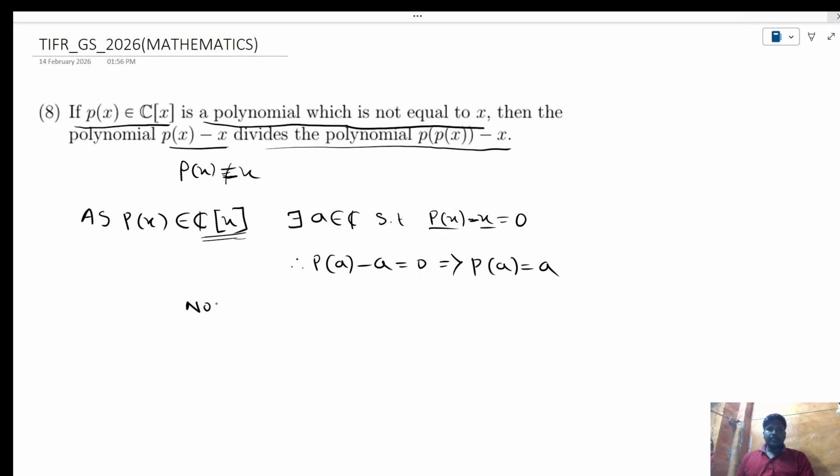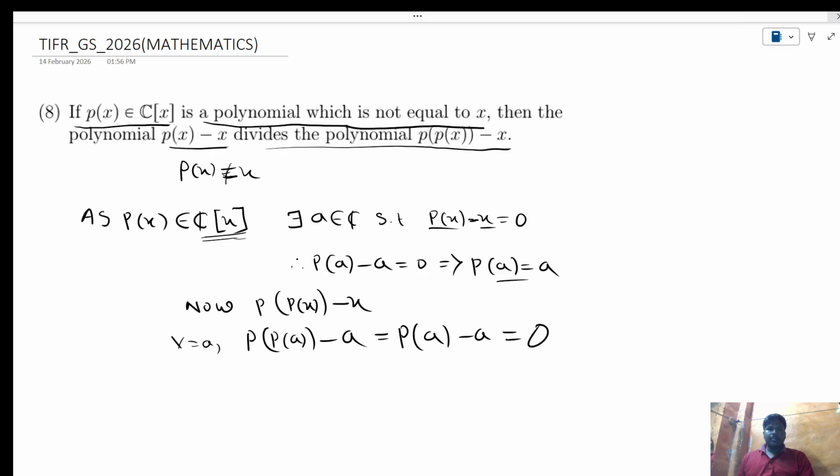Now, for p(p(x)) minus x, if we put x equals a, then what will we get? We will get p(p(a)) minus a. p(a) means a, so that is p(a) minus a, which is 0.